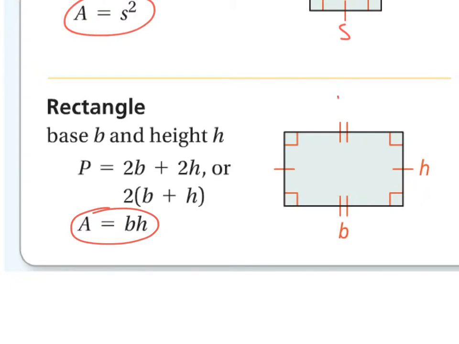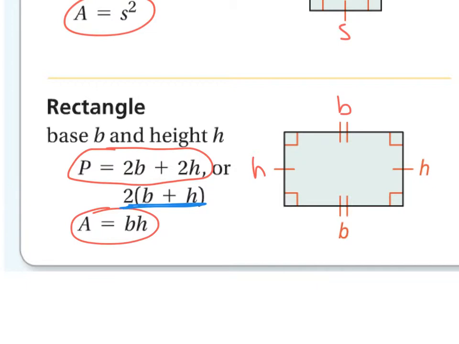And so if we have B there, that means this one up top is also B. If we have H there, that means this one over here is also H. And so by finding perimeter, we could simplify that by saying our perimeter equals 2 times B plus 2 times H. Or if you want to get real fancy, you could factor out the 2 and say that it's 2 times base plus height. Okay?